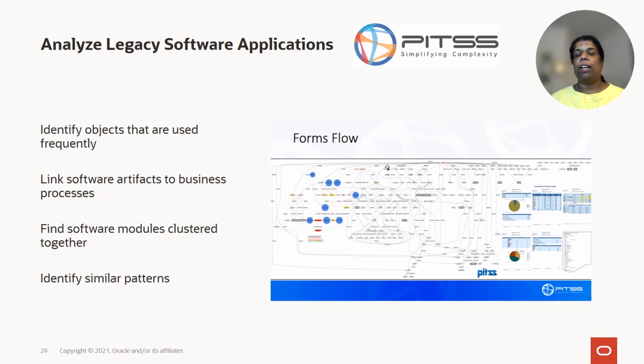And here's a very interesting example from a company whose business is focused on helping enterprises move their legacy software systems to a more modern system. They use graphs to model different components in the legacy system, like identifying software objects that are used frequently, identifying software artifacts that are linked to business processes, finding software modules that are clustered together, identifying similar patterns, and so on.